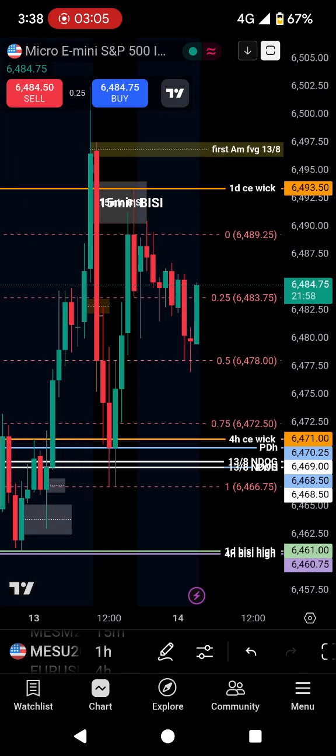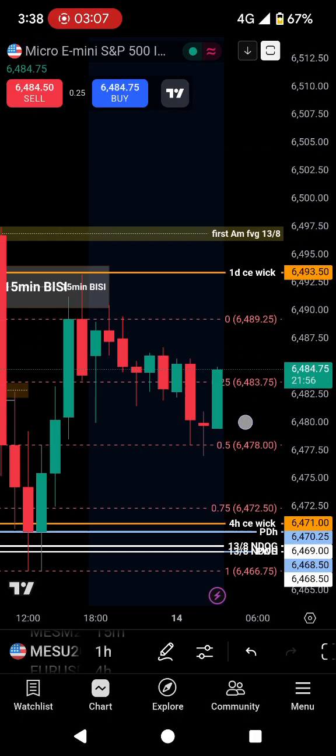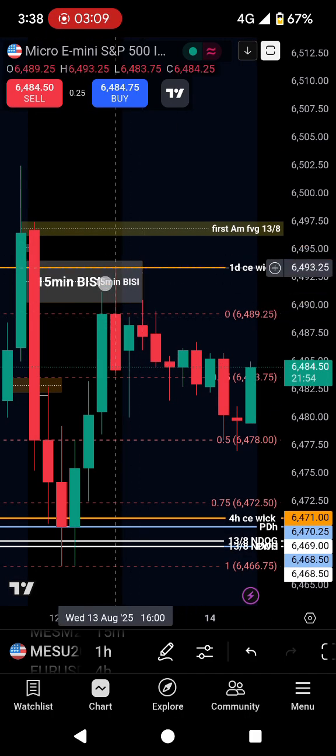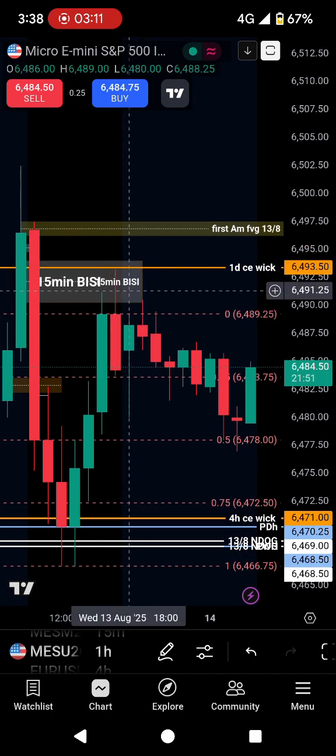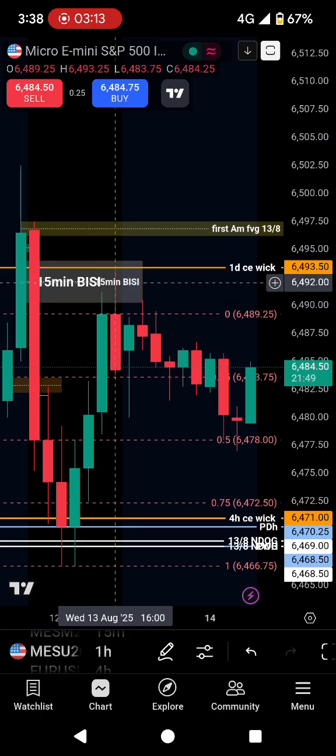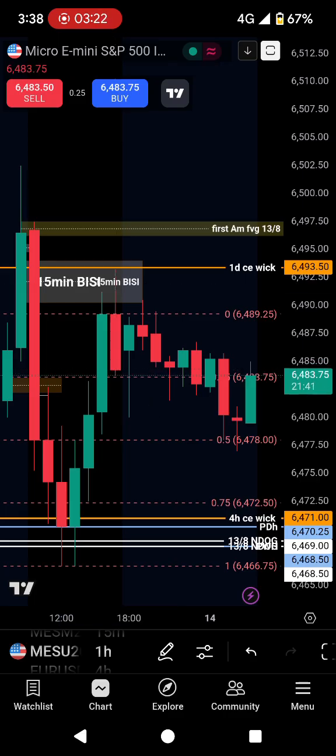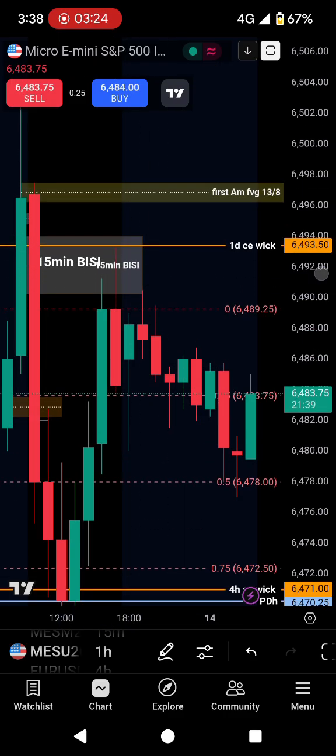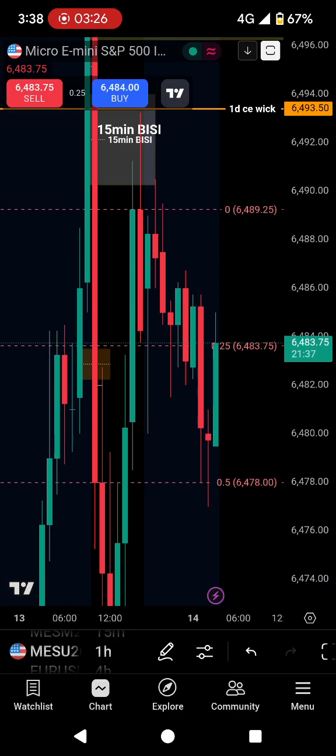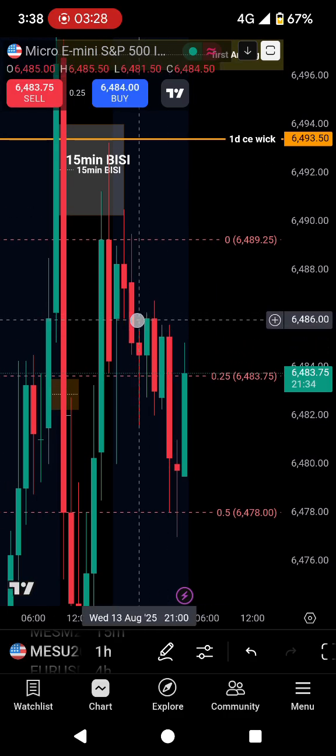Okay, so this is the 1-hour chart. But you must know one thing: on the 15 minutes, the daily CE week wasn't here yet until Wednesday close. So this is basically the daily CE week right here. And what we can see at the moment is this daily CV.